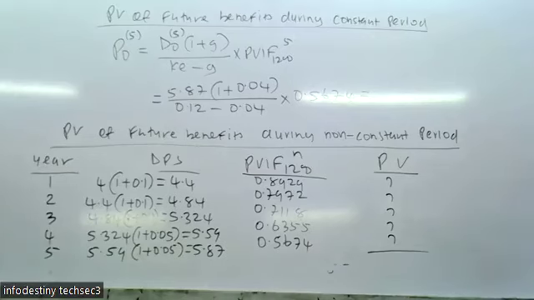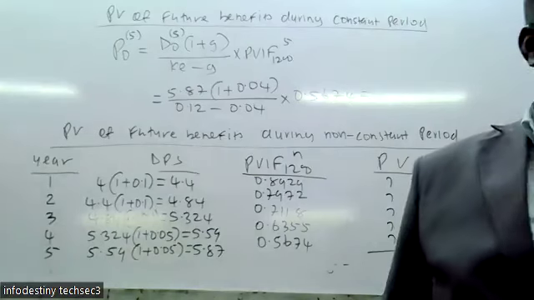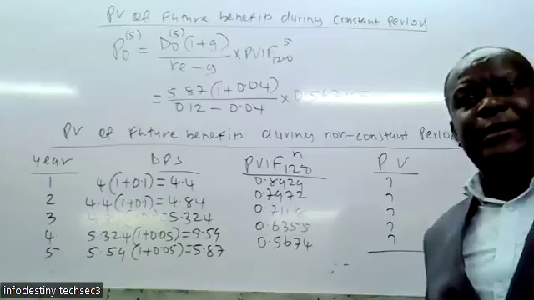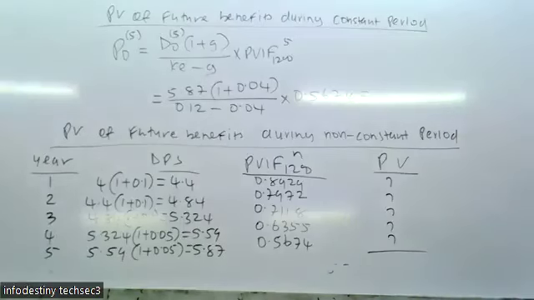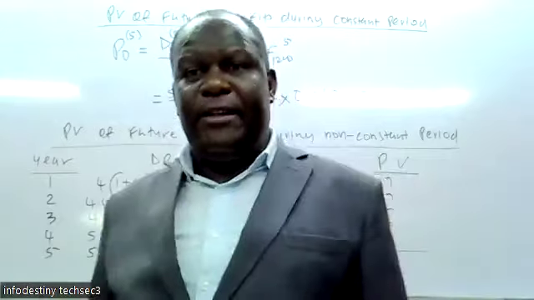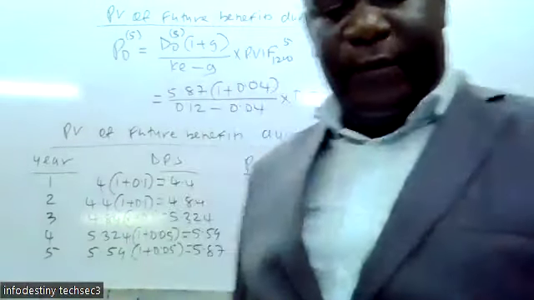So that means the share is undervalued by the market forces. The market has given it 60, but you are getting 61.